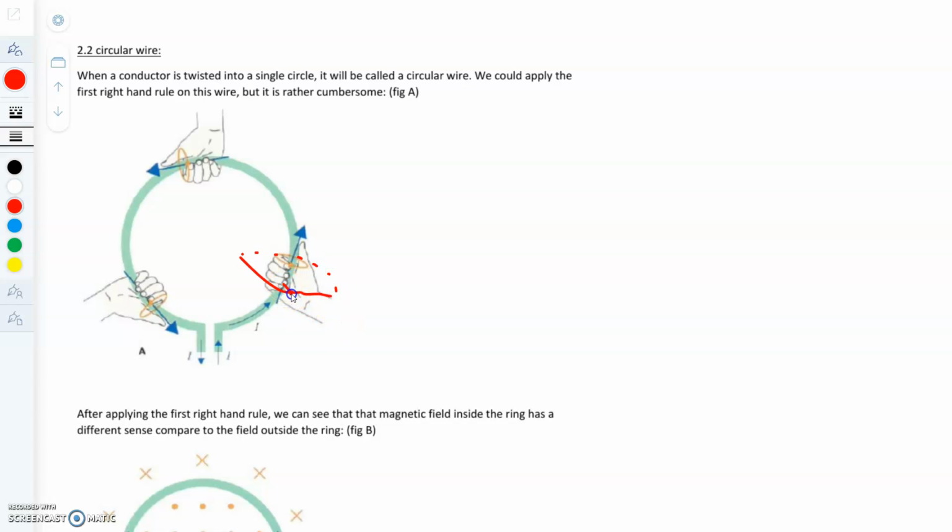They would be turning this way, meaning the field vector will be coming out of the page on this spot, perpendicular to the page but pointed towards you, and perpendicular but pointed away from you outside of your ring, outside of your circular wire. And you can do that for all the remaining spots.